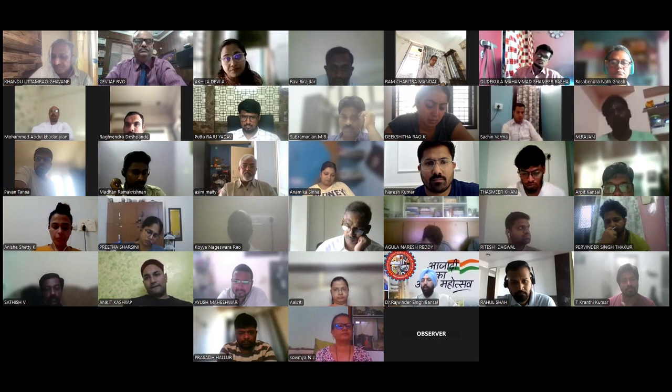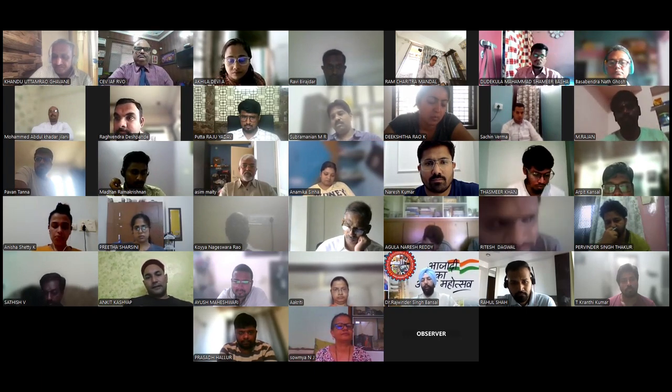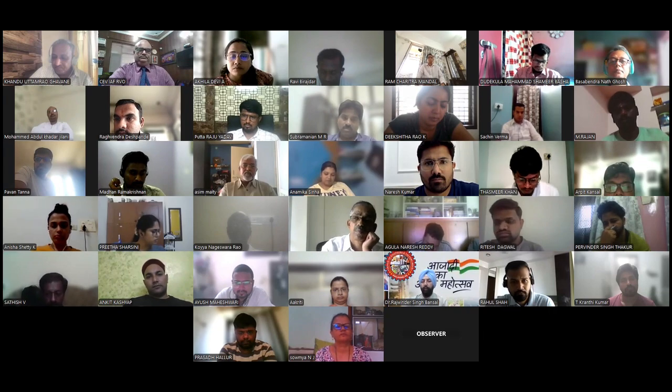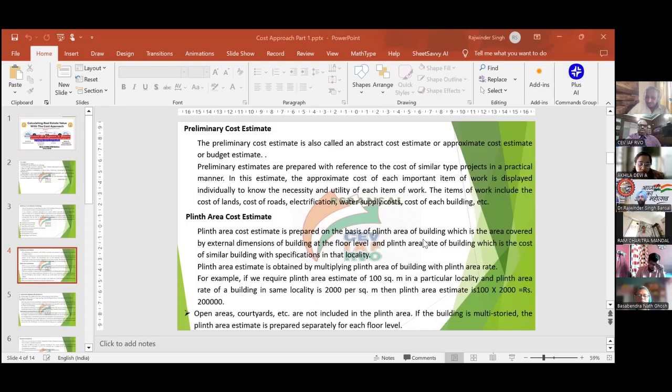In this case, only the cost of construction per square unit is given for a specific type of building with particular specifications, and generally for a particular height. And some modification factors are also given if the height changes. So we, as valuers, generally use the plinth area rates of the respective public works department.